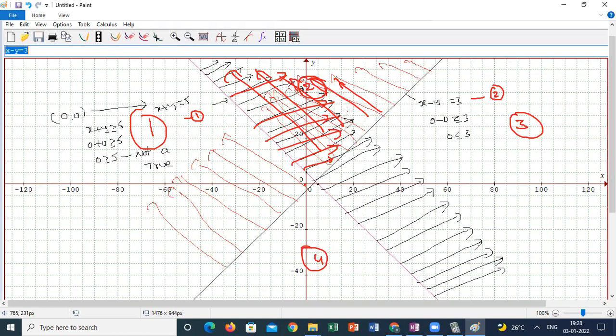So here, how am I going to explain my solution? For inequality 1, I got one region. For inequality 2, I got another region.